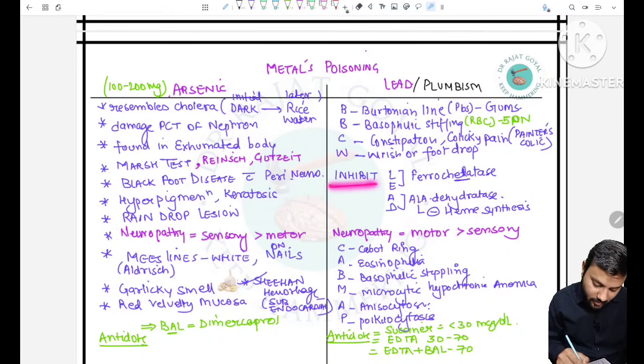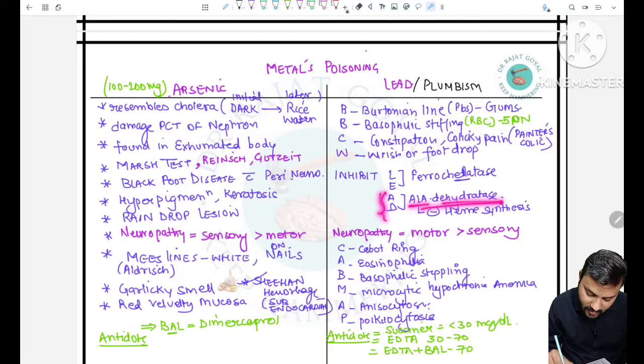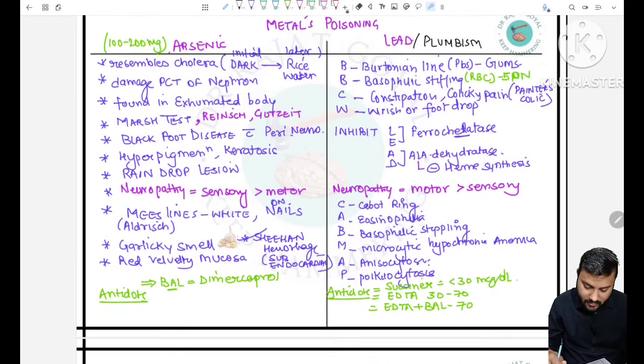Now it will inhibit enzymes, so we can remember by the word lead only. Le for ferrochelatase, and Ad for ALA dehydratase. So Ad for ALA dehydratase, and from the Le we can remember ferrochelatase.